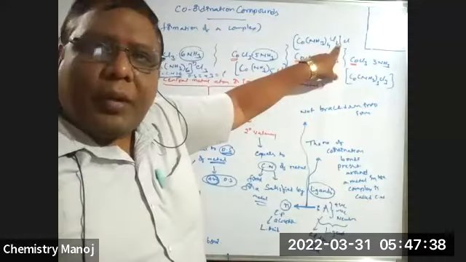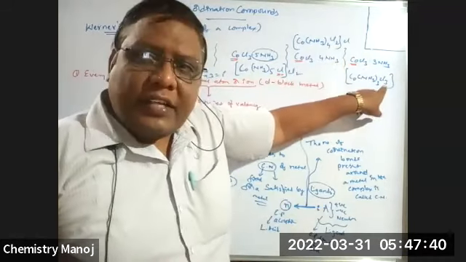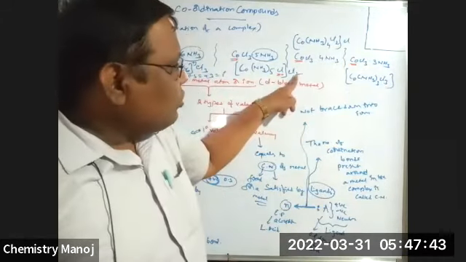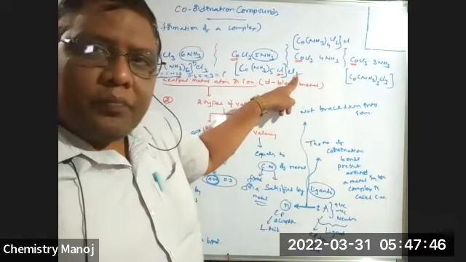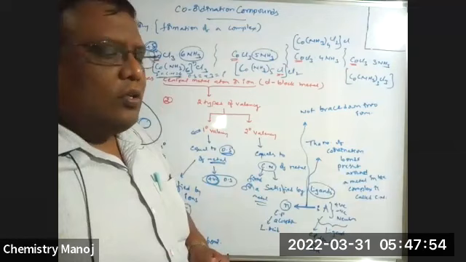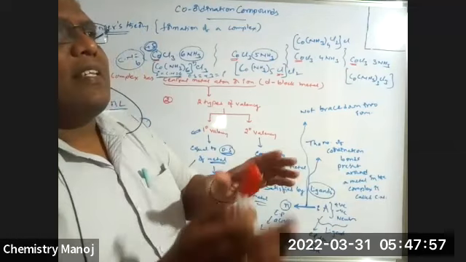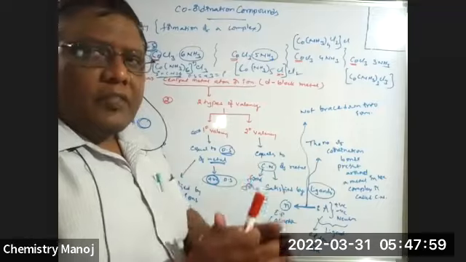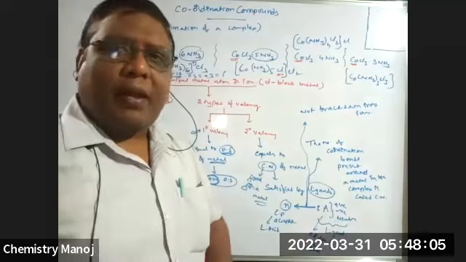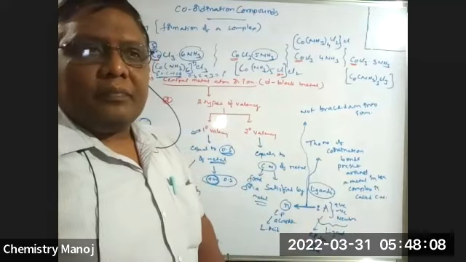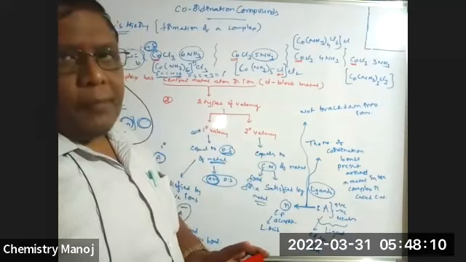Next, these 2 chlorines satisfy both primary and secondary valency. Here 3 chlorines satisfy both. These 2 chlorines outside, do they satisfy secondary valency or not? No, sir, only primary valency. So those chlorines inside the square bracket satisfy both primary and secondary valency, and outside the square bracket only primary valency.